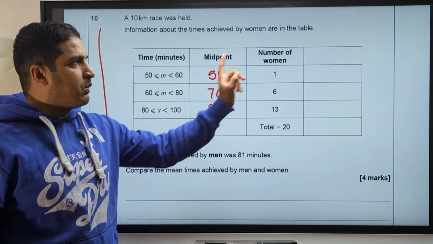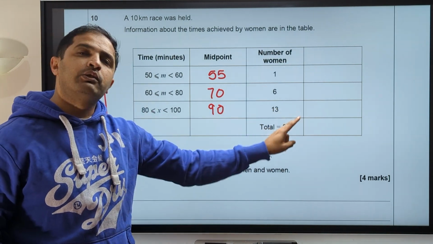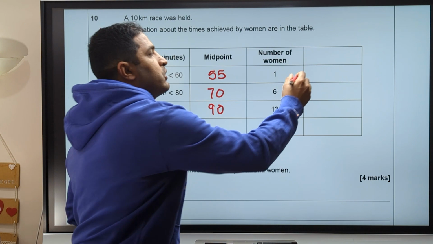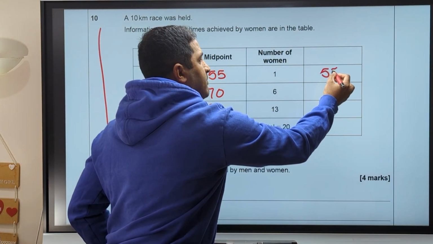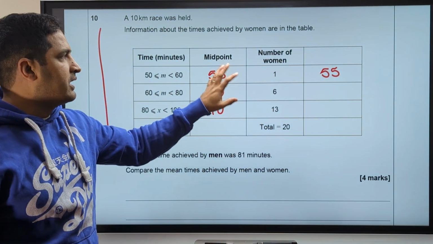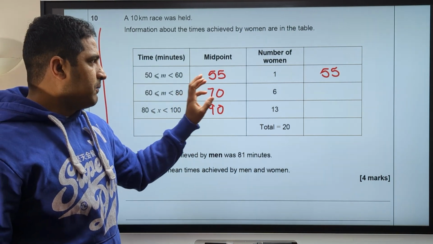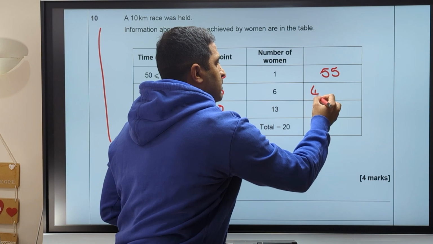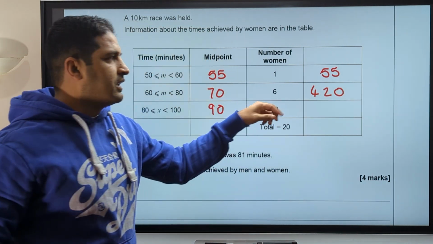Now what we're doing is working out the total time taken by these 20 women to complete the 10-kilometer race. So one woman took 55 minutes, so I add that time on. And then 6 of these took 70 minutes, so that'll take me to 420, 6 times 70.